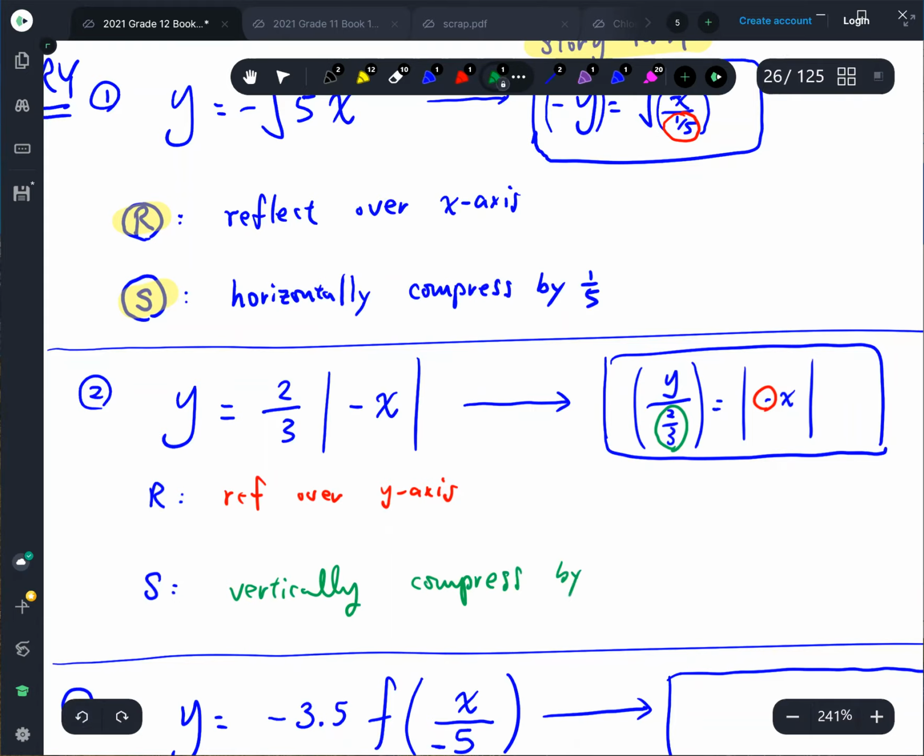How do you know it's compressed and not expanded? Because the fraction is less than 1. Very good. Okay. Jenny and Marcus, do you guys get it?